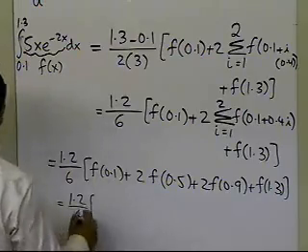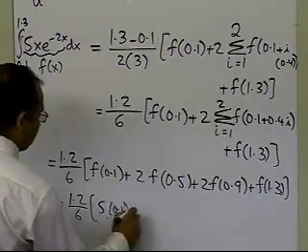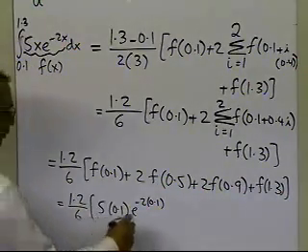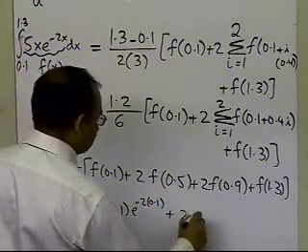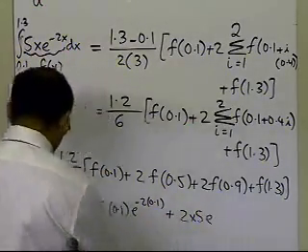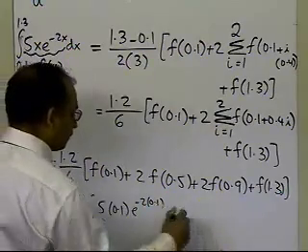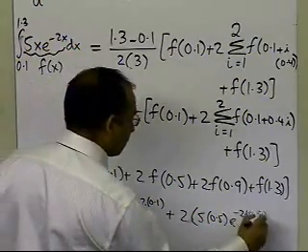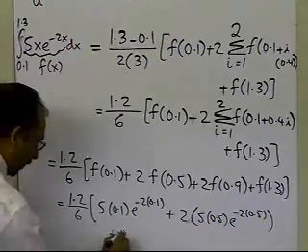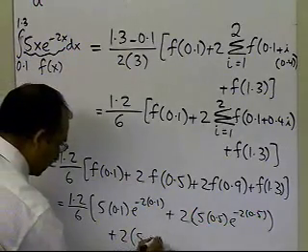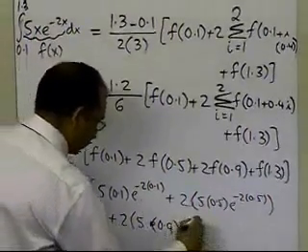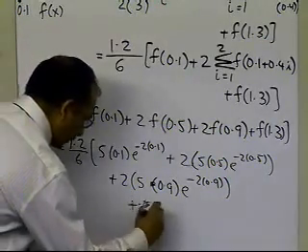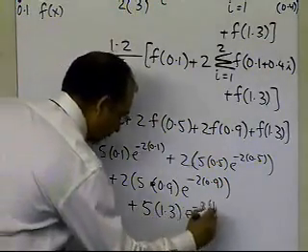So here now we just substitute what the function is. That's the value of the function at 0.1, then at 0.5, and then at 0.9, and then at 1.3 it is 1.3 e to the power minus 2 times 1.3.